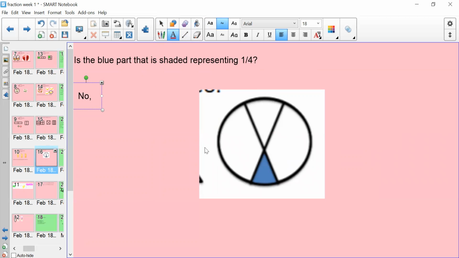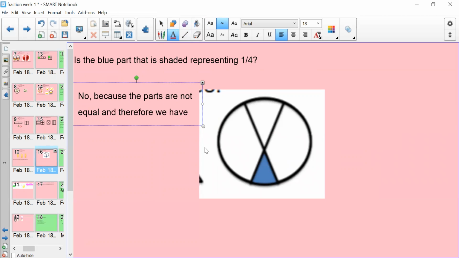So your answer could say no, because the parts are not equal, and therefore we have not covered a quarter of the shape.